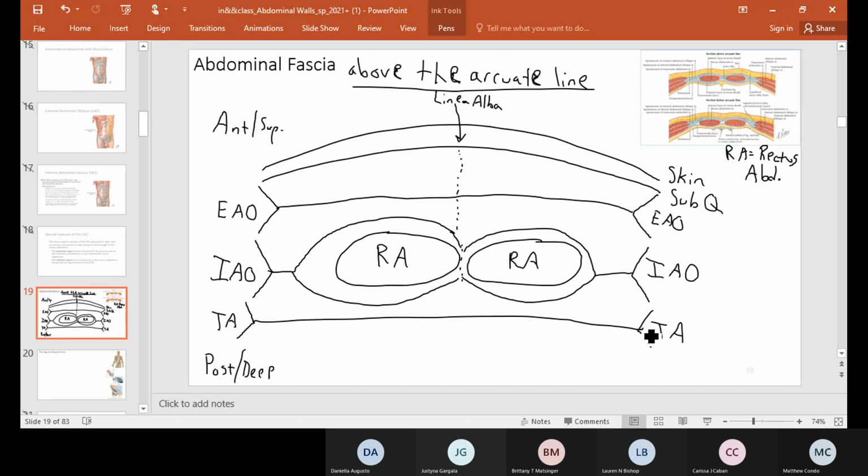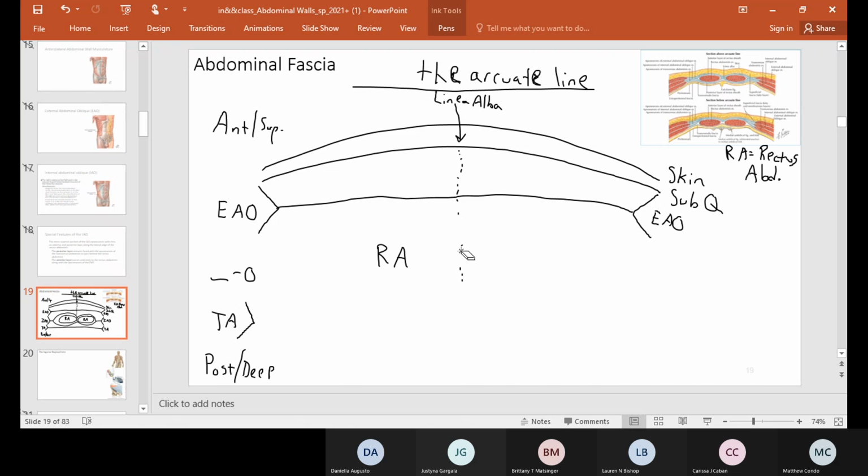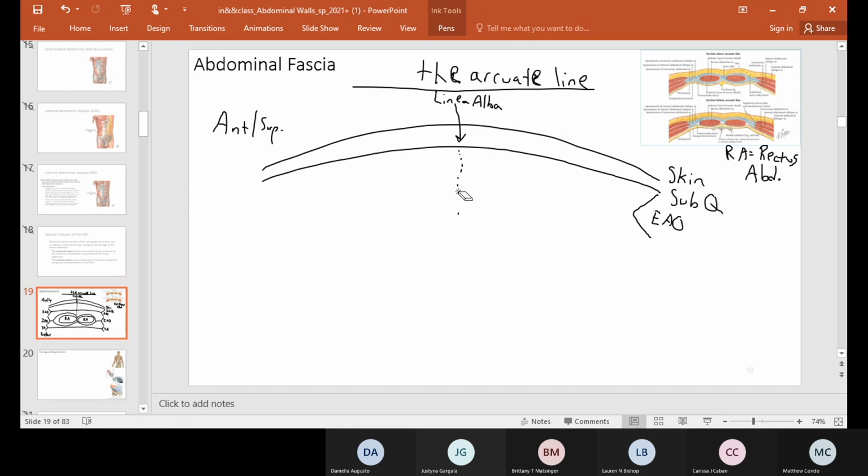All right. So any other questions about what happens superficial to the arcuate line here? Good? Okay. So let me erase this. Now we're going to draw out below the arcuate line. All right.